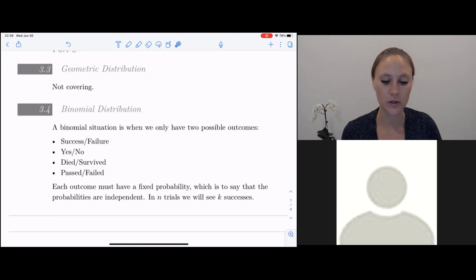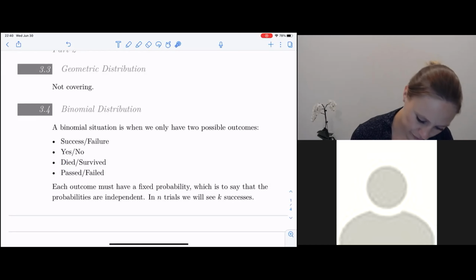So especially if you're studying diseases, that type of thing, then often what you're interested in is whether a person died from this disease. And so that would be the thing that we're interested in. And unfortunately, we call that a success. So whatever we're interested in is a success.